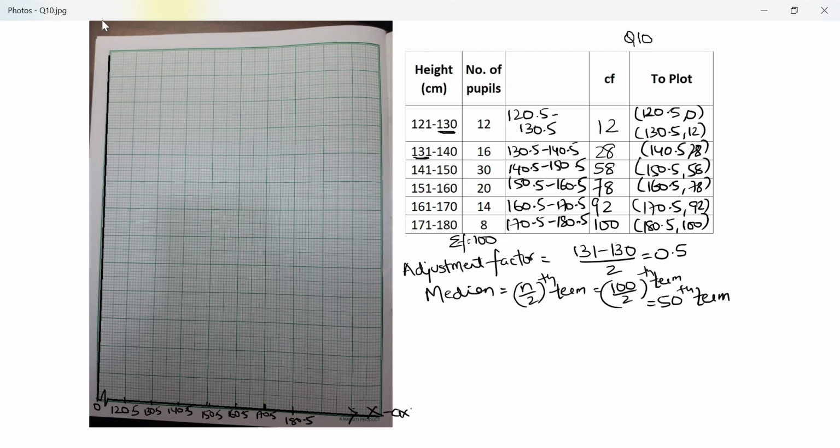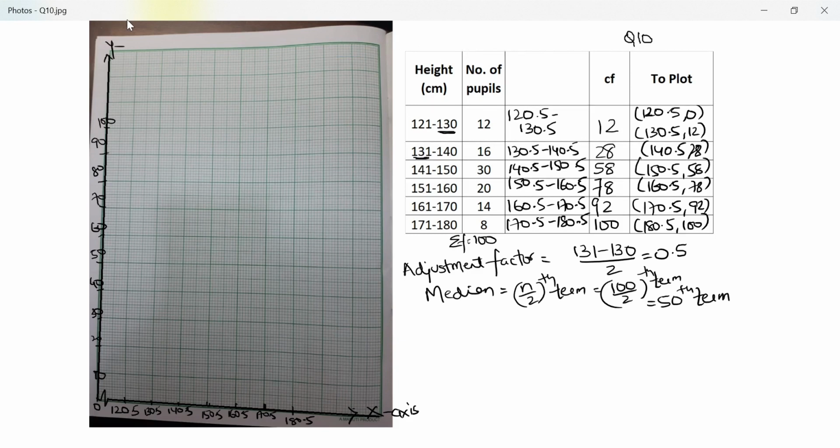This is my x-axis. On the y-axis, I need to go from 0 to 100. So let's take the 0, 10, 20, 30, 40, 50, 60, 70, 80, 90 and 100.